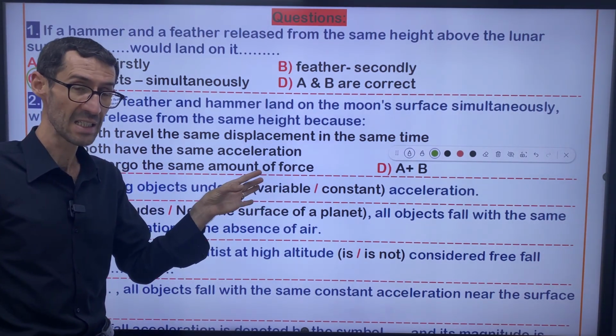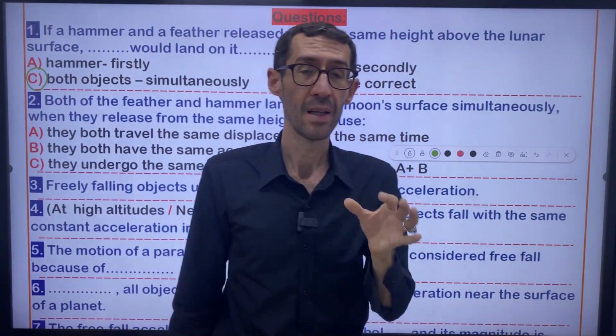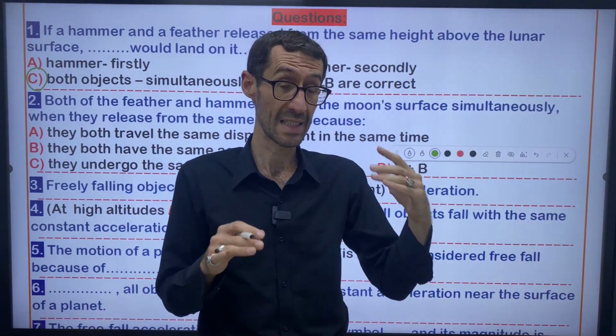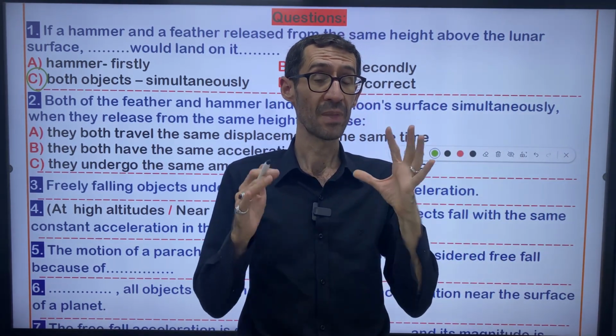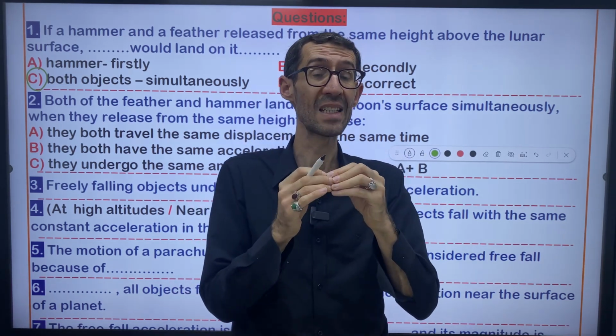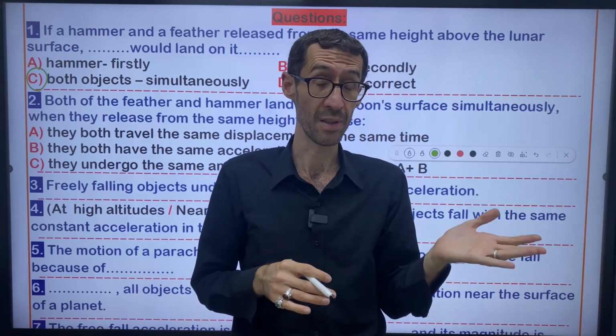It doesn't make sense because the force that is exerted on the hammer is greater than the force that is exerted on the feather. Keep in mind that the gravitational force is not the same for feather and hammer.